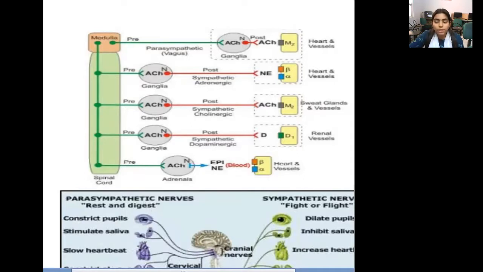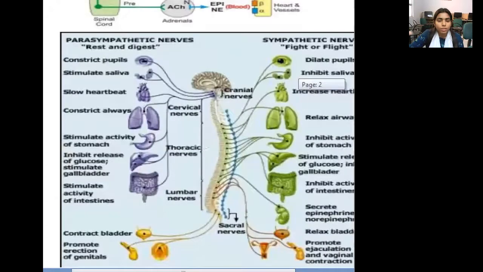MC is the muscarinic receptor, beta is the beta adrenoceptor, and alpha is the alpha adrenoceptor. Here D1 is the dopaminergic receptor. So you can see how the parasympathetic works through different receptors and works on heart, vessels, sweat gland, vessels, and renal.